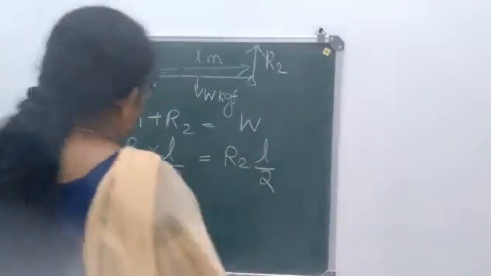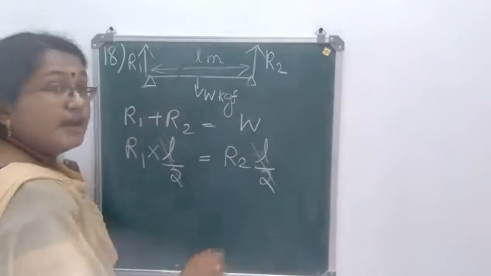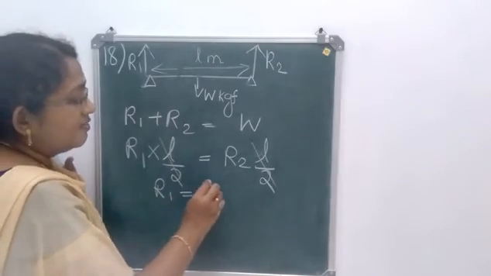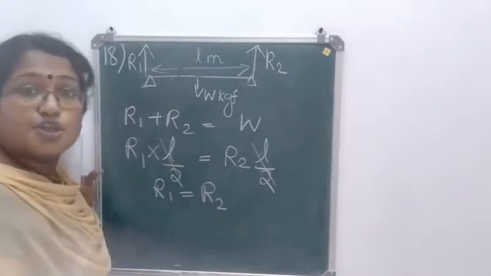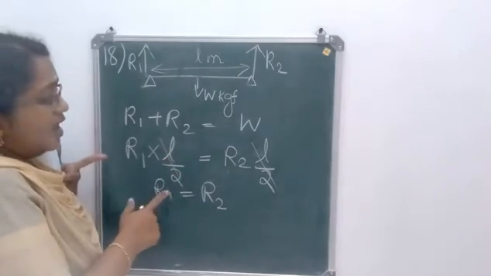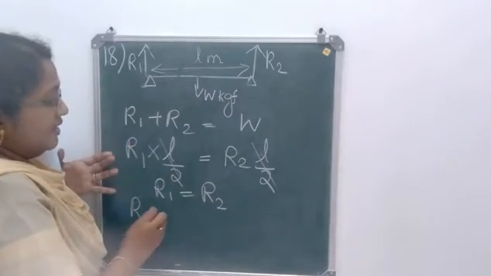Now, in the LHS and RHS you are having L by 2. So if these two get cancelled, you can write R1 is equal to R2. Now, R1 is equal to R2. Just substitute this in this equation.